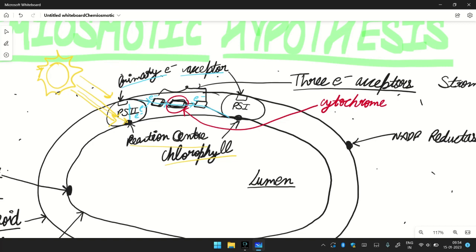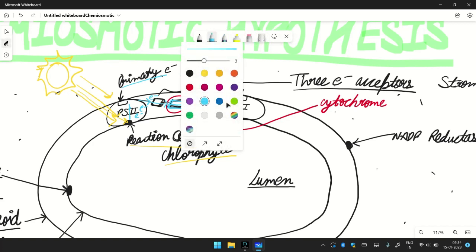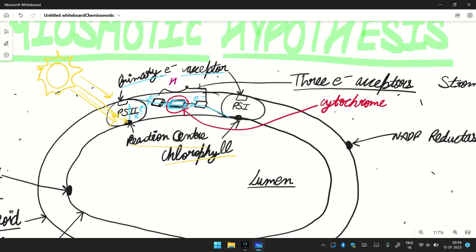During this process, our cytochrome accepts a pair of protons from the stroma side and, using this energy, pumps them into the lumen.